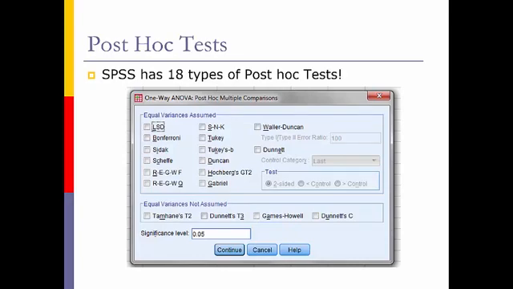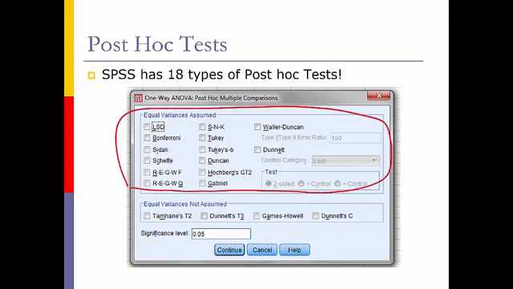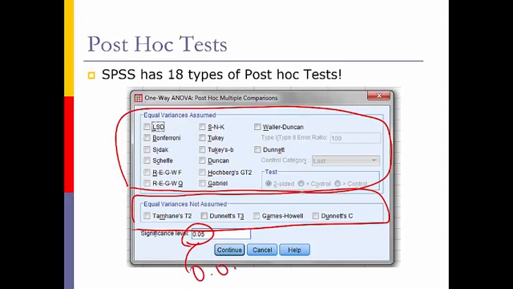Just to be very confusing, SPSS has 18 different types of post hoc tests, but they're subdivided. This group up here is for if you have equal variances, and this group is if you do not have equal variances. And this is where you would change that significance level right there to the 0.017.